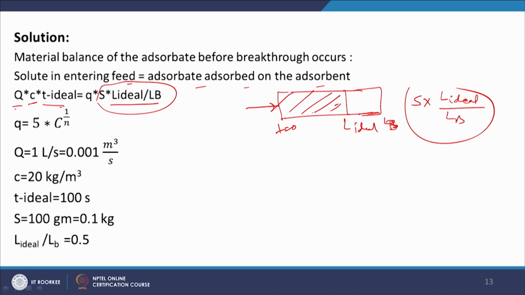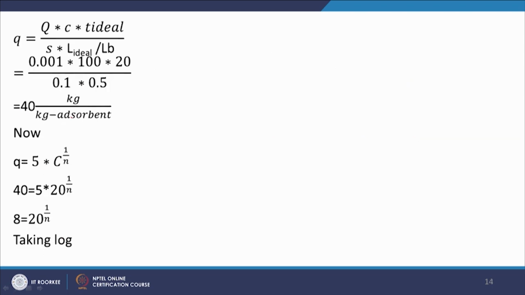And this q value we can calculate by q equal to 5 into C to the power 1 by n. In this case, Q is given as 1 liter per second, that is equal to 0.001 meter cube per second, C equal to 20 kg per meter cube, and T ideal 100 seconds. S equal to 100 gram, so that is 0.1 kg, and L ideal by L b is given as 0.5. We put all those values in this expression. So, q is equal to Q into C into T ideal by S into L ideal by L b.